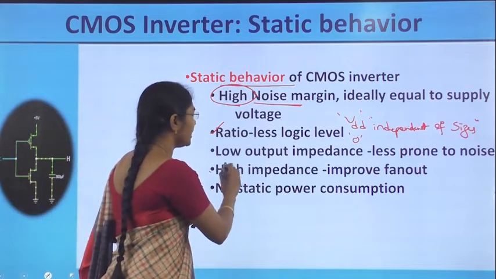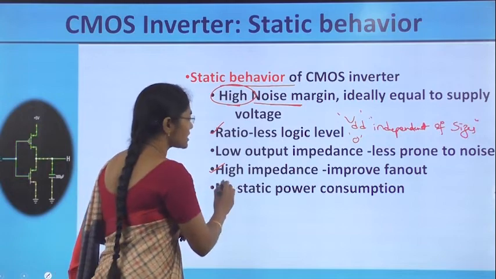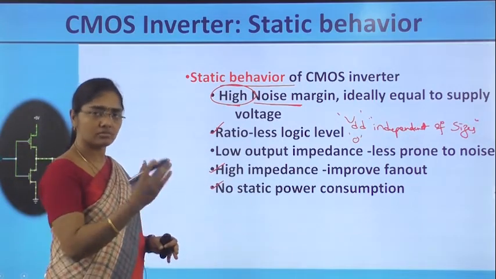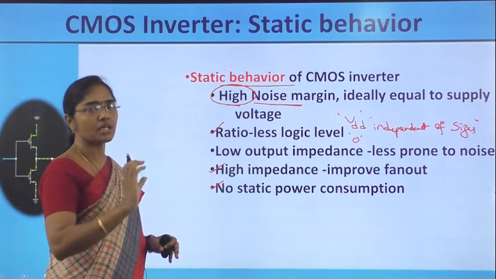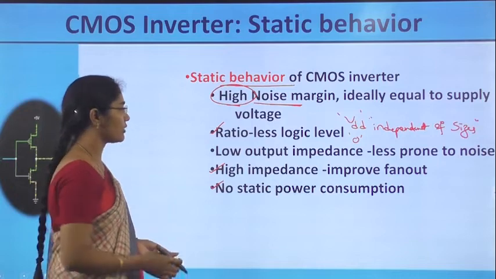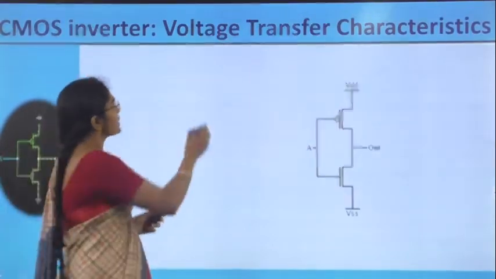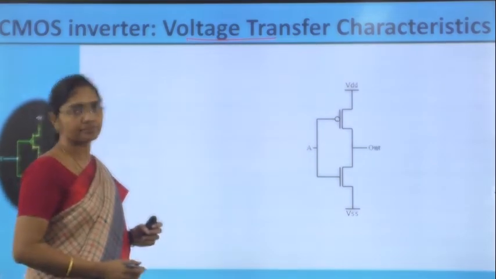and high input impedance, so therefore improving the fan out, and no static power consumption since there is an open connection in the circuit. That means no direct connection between two power rails for the input of 0 and 1 values. Let us draw transfer characteristics of this CMOS inverter.